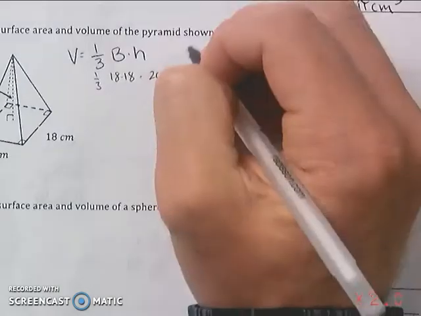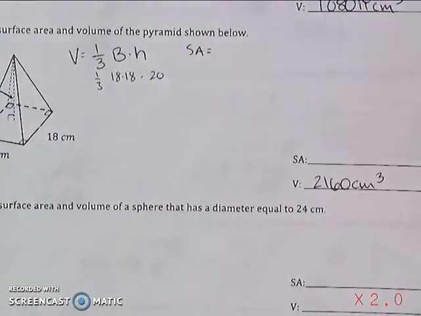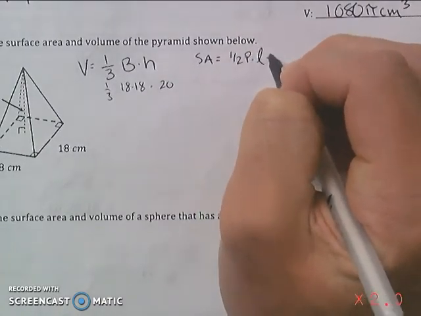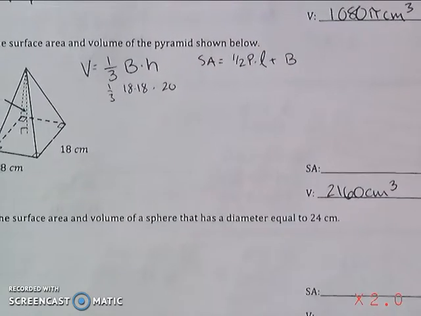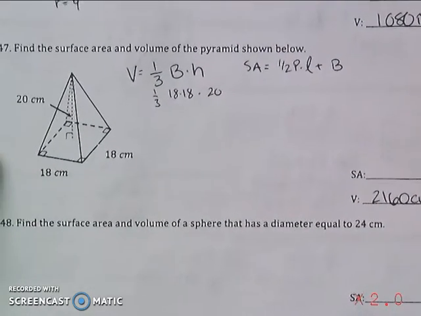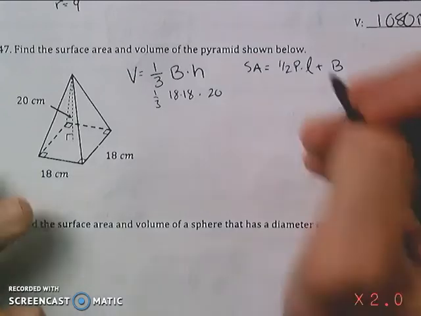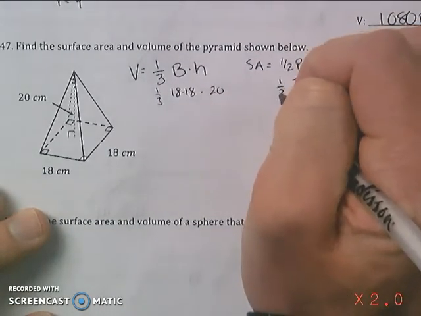Surface area. Okay. Surface area is going to be 1/2 P times L plus big B. All right, the perimeter is going to be 18 plus 18 plus 18 plus 18. We got a 4-sided figure, it's a triangle. Or sorry, a square.